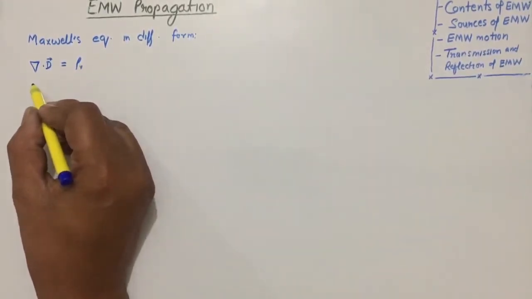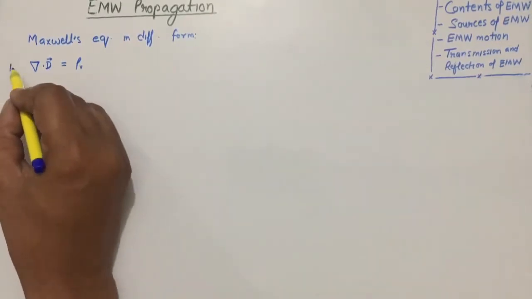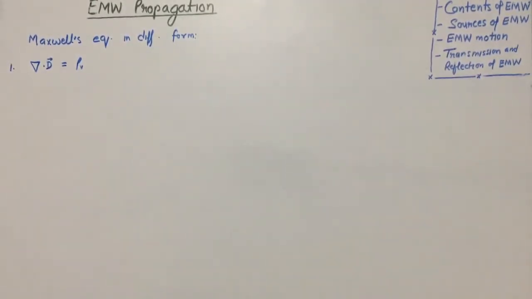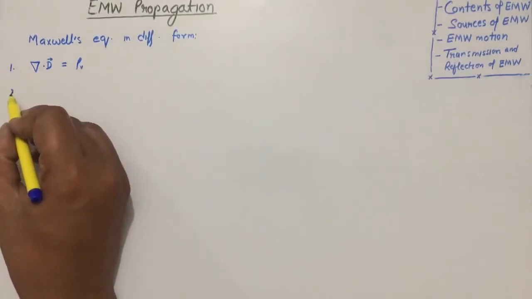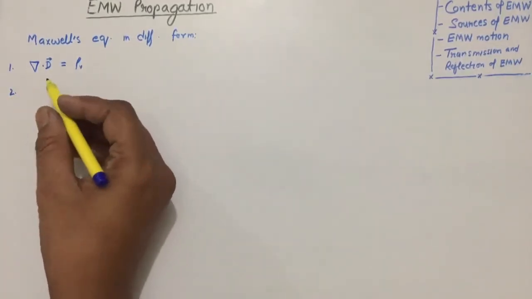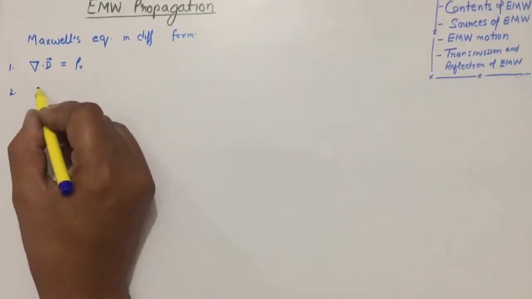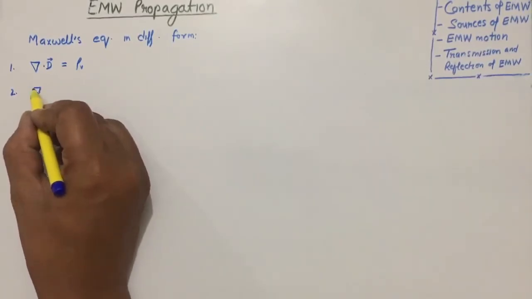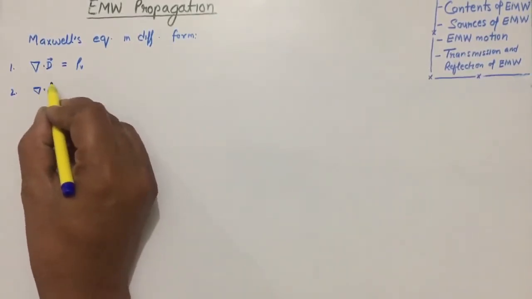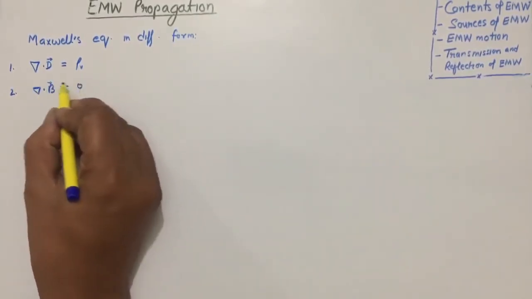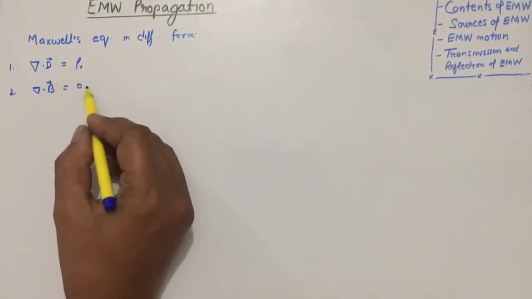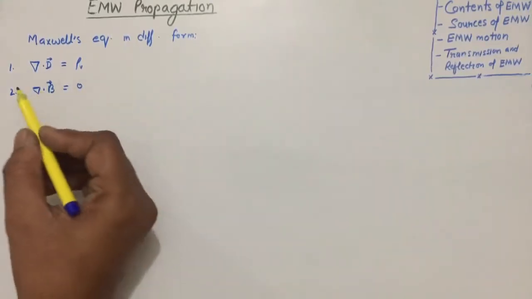And the second was related to the non-existence of monopole, that was del dot B equal to 0, meaning monopole does not exist.